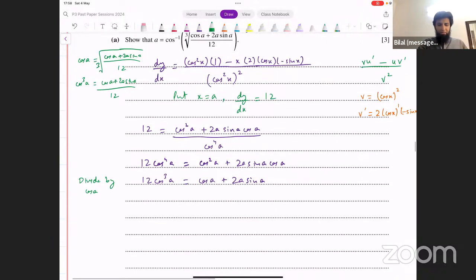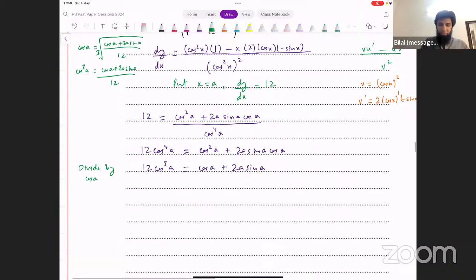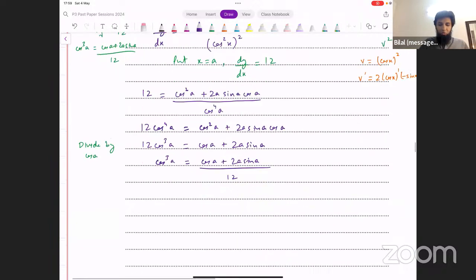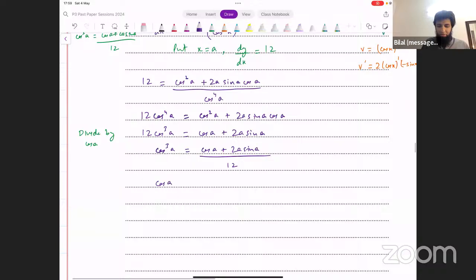And now we're getting close to that, right? We can write this as cos cube a equal to cos of a plus 2a sine a now. In the denominator, we have 12. Now we can take cube root on both sides. So it becomes cos of a equal to cube root of cos of a plus 2a sine of a divided by 12.